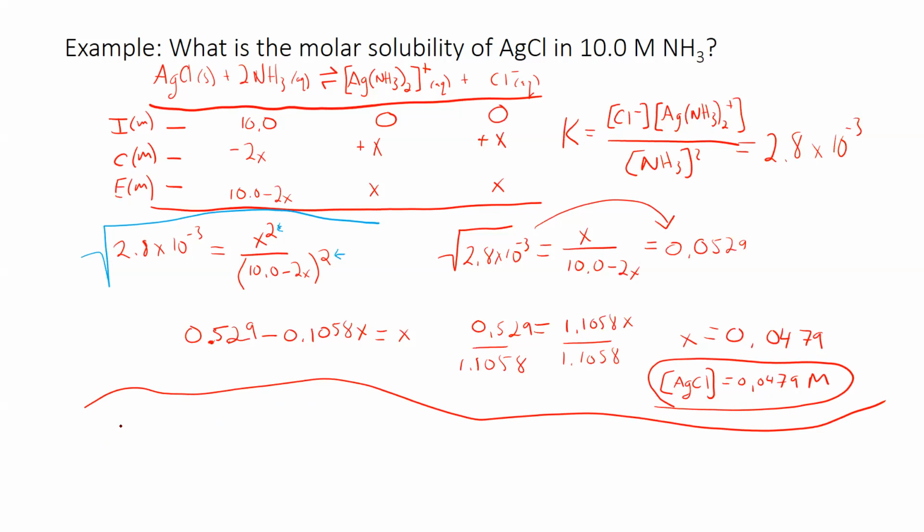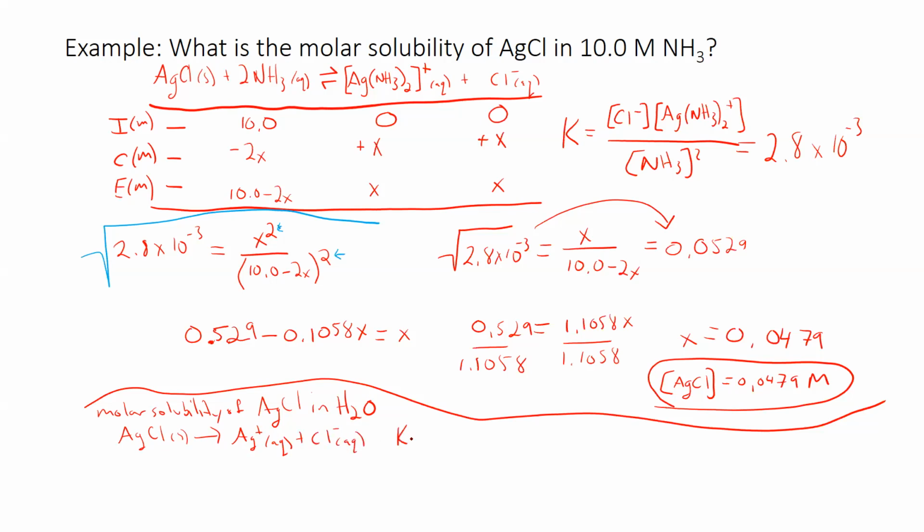And so to think about that in perspective of how soluble silver chloride is by itself, right? You could look at the molar solubility of silver chloride in water. Okay, so all you do there, because silver chloride dissociates to give you silver ion plus chloride ion, right?